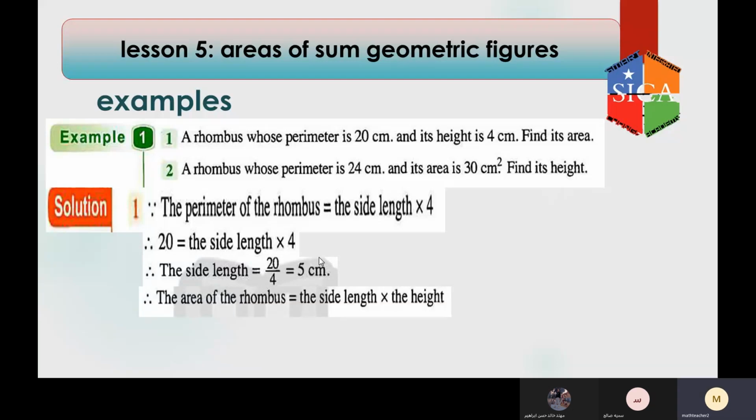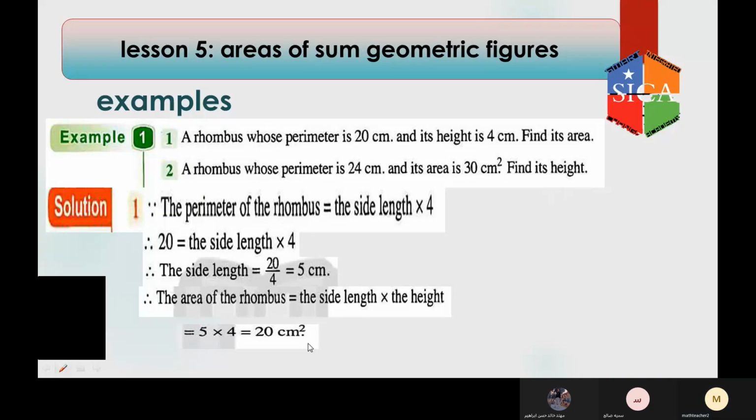Then the area of the rhombus, which is required in this problem, equals the side length times the height. The side length here is 5 centimeters and the height is 4. Then 5 times 4 equals 20 square centimeters. The area is measured by the square unit. Here our unit is square centimeter.